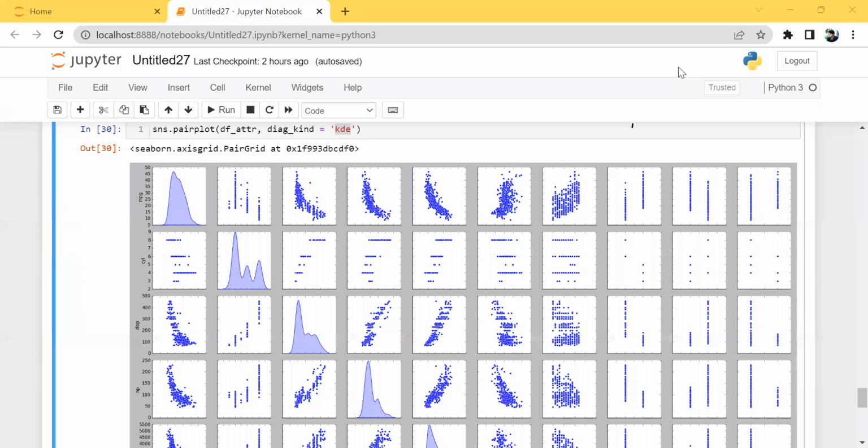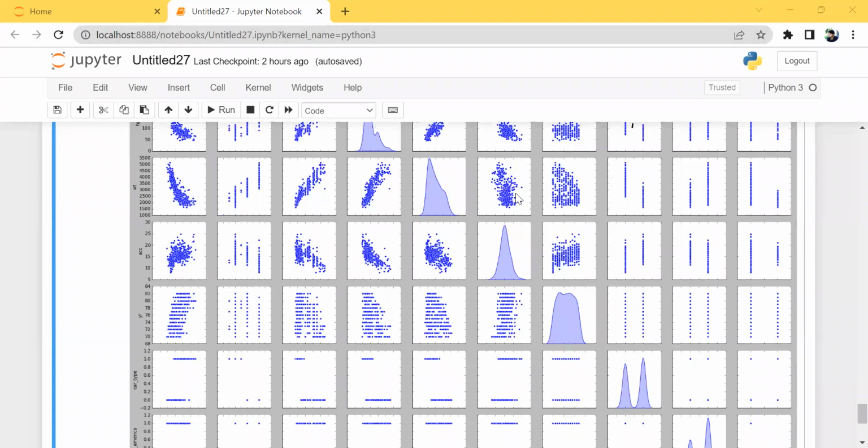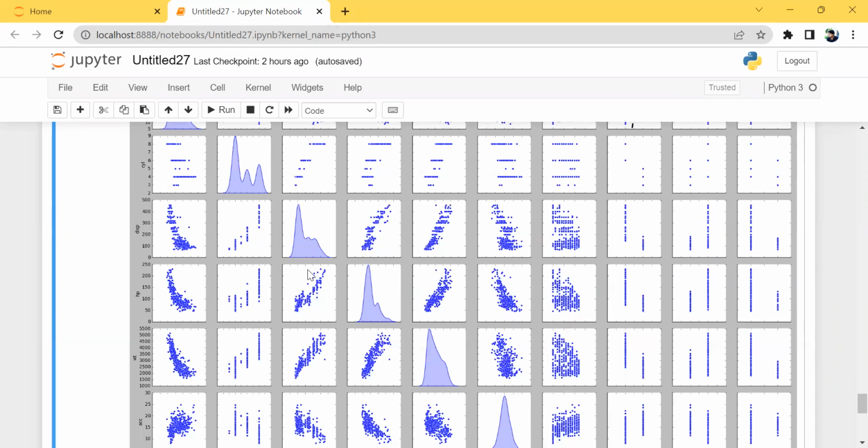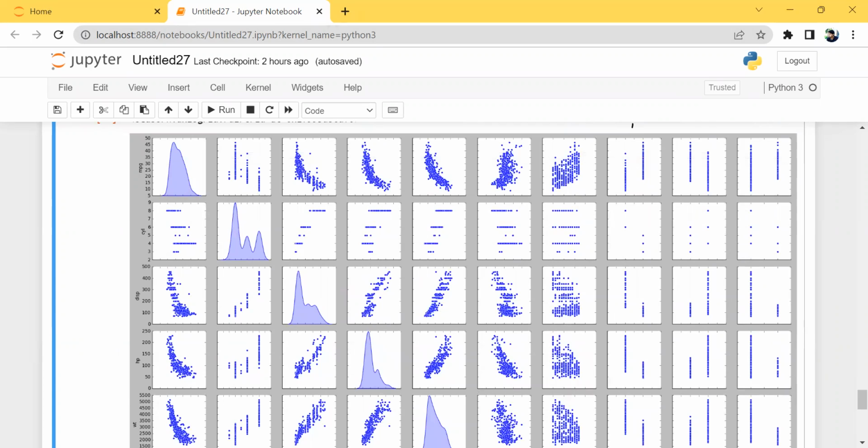Now move on to the next thing. When you look at these diagonal elements, what are you observing here? There are multiple peaks in some plots. That means there are clusters in our data.